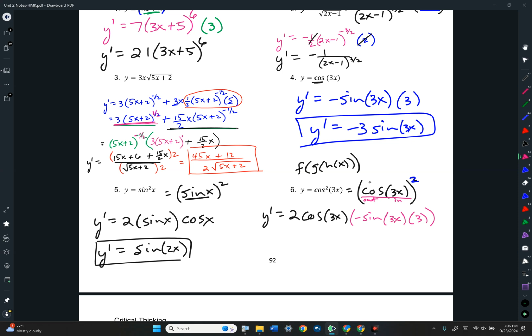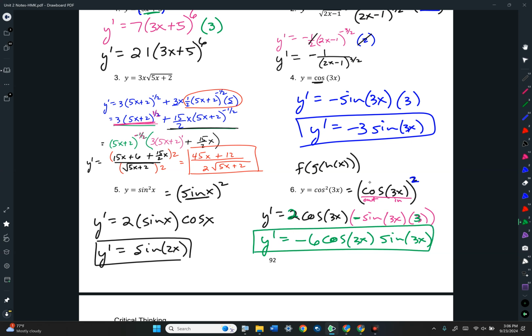Now I could clean this up a little bit, and I could say, all right, my overall derivative is this 3 and this 2 and this negative. I'm going to put out here as a -6. And then I have cosine of 3x and sine of 3x. So that is my overall derivative.